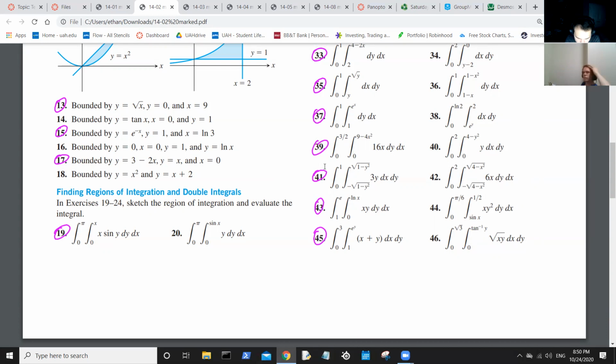All right, looking at this doodle, for the first one, our iterated integral, if we're using horizontal, that means we should start with a lower bound of y equal to e to the negative x, and an upper bound of 1, because it hits y is equal to 1.